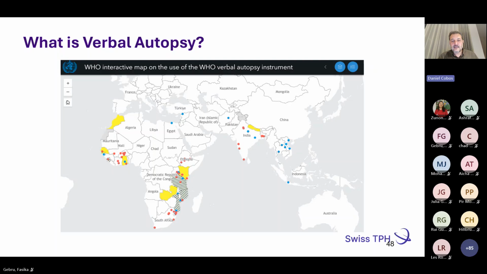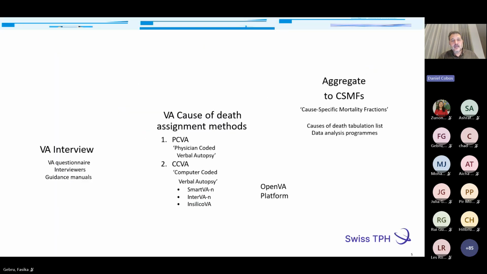If you click next, we go to the next. And okay, I don't know what happened here, but you see, there are three main blocks. So we have the questionnaire, that is what I described. So you go to the family, you have a structured questionnaire with a narrative, you can record it. Then you need an analytical tool, and we will come to that later.